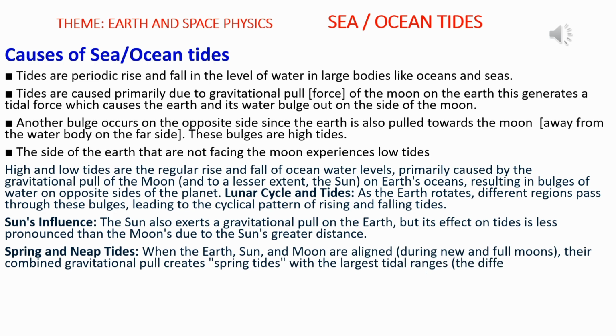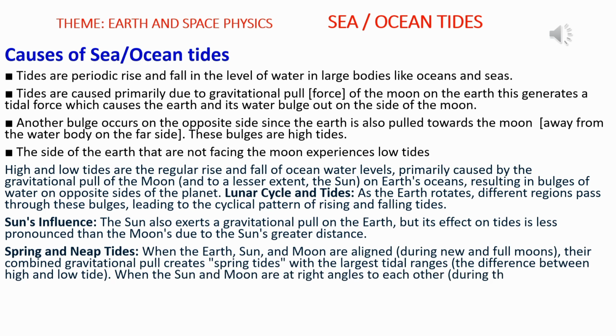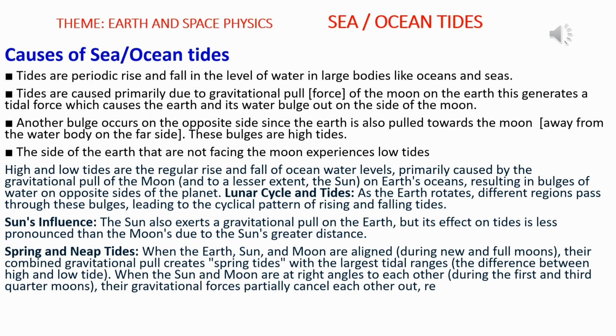When the sun and the moon are at right angles to each other, that's during the first and third quarter moons, their gravitational forces partially cancel each other out, resulting in neap tides with the smallest tidal range.